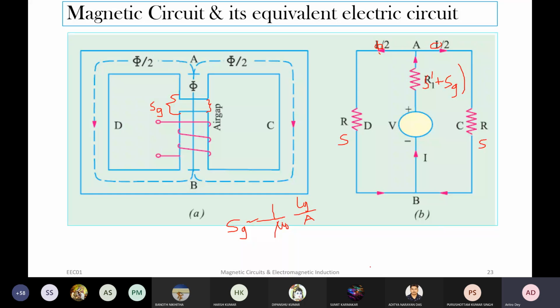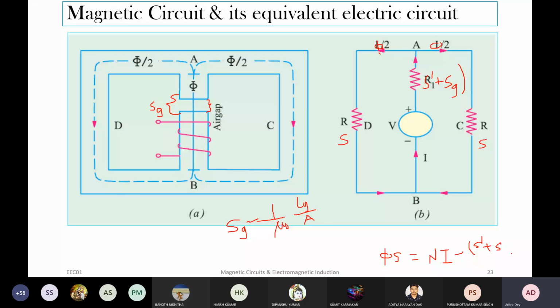Phi into s is equal to your total MMF for this path, and that is equal to n into I minus this drop, because across this path is S dash plus Sg. That drop you have to take, because there also MMF will be produced. So MMF is required to produce a phi through this.